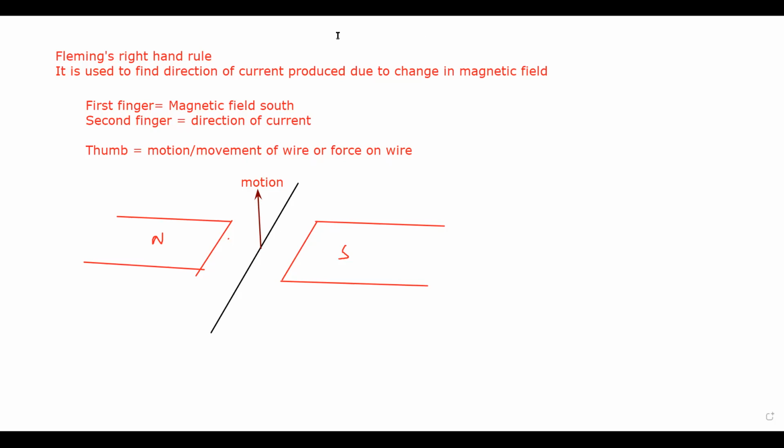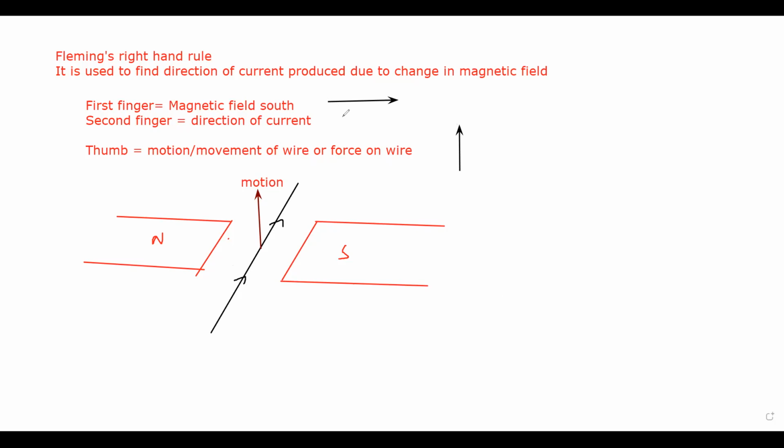So if the question is draw an arrow to show the direction of current, which direction will current produce? Use the right hand rule. Your first finger should point towards south. In this example, it is towards right. Your thumb represents upward. So which direction will the current be produced? The current will be into the screen.